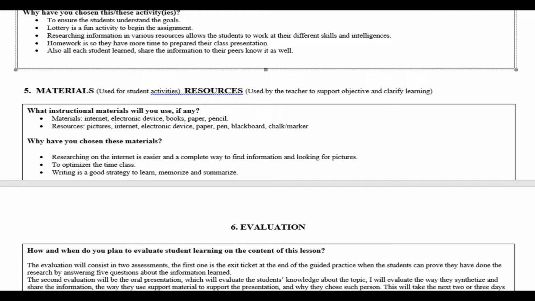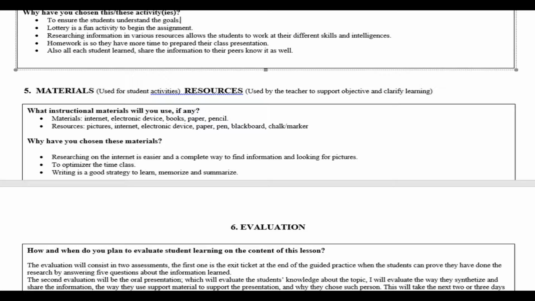The materials for the students: they will use internet, an electronic device, books, paper, and pencil. The internet and the electronic devices are for looking for information, as well as the books, and paper and pencil because I guess they want to take notes. The resources for this lesson that I will use are pictures of the people, internet and electronic devices, paper, pen, the blackboard, and the marker.